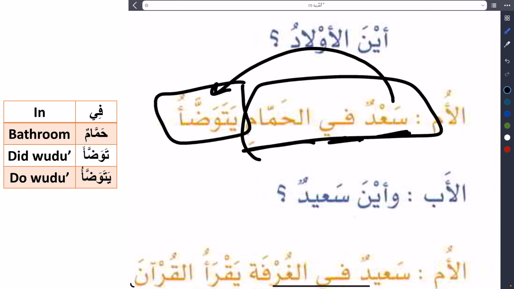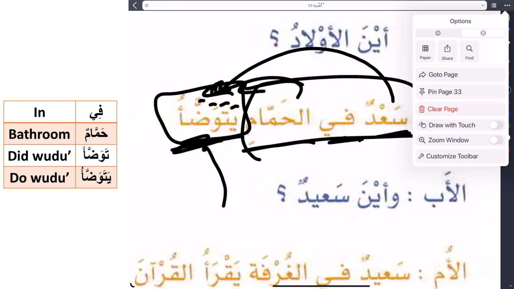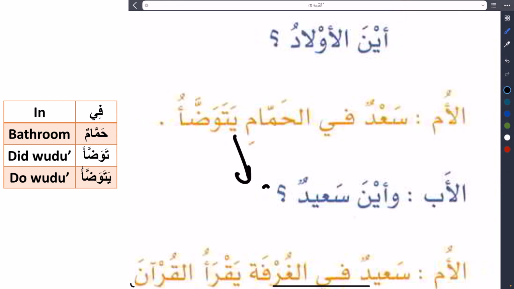So for is doing wudu or to do wudu, we use this verb, yatawadda'u, starting with ya and with dhamma. Yatawadda'u means he is doing wudu. We use that only with he, not with I, not with you, just with he, or with a masculine name like Sa'dun.